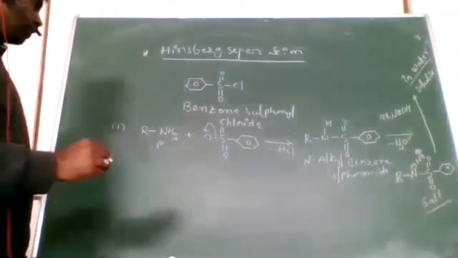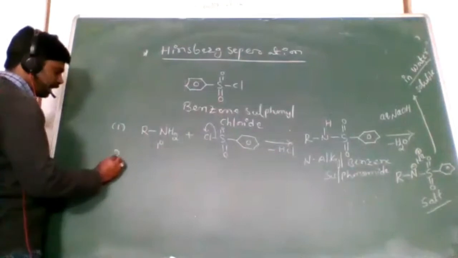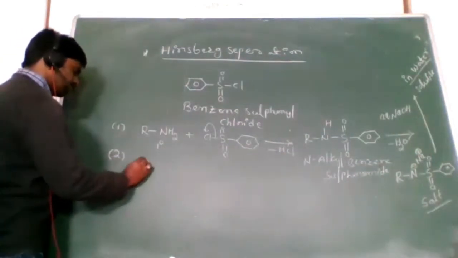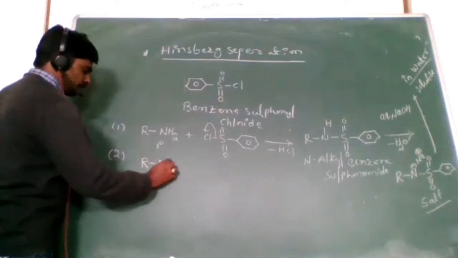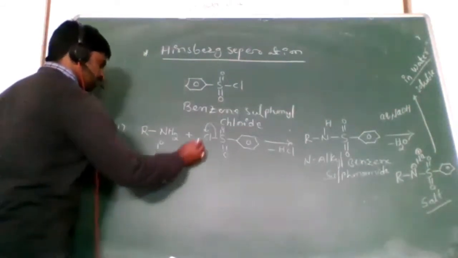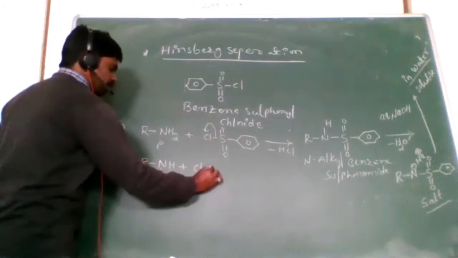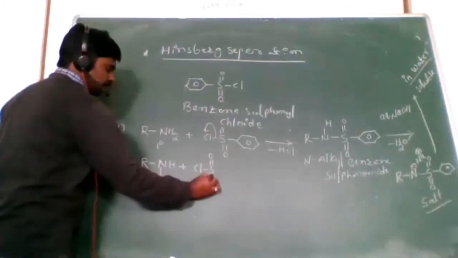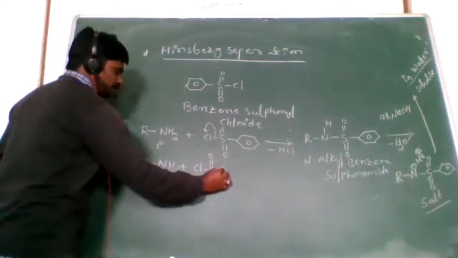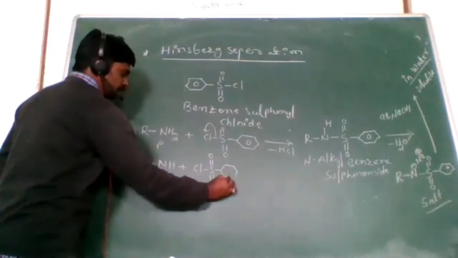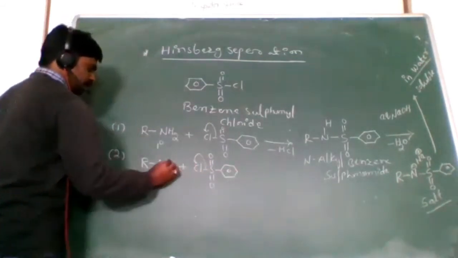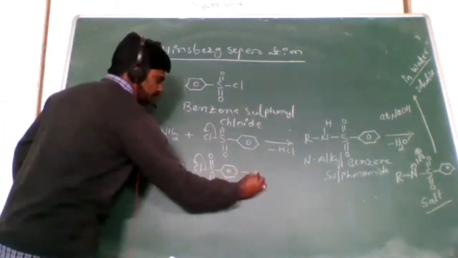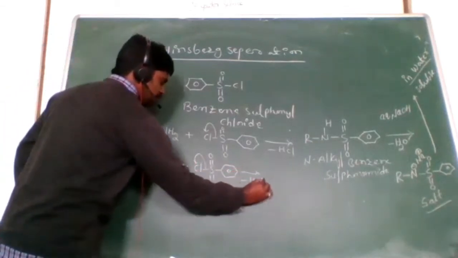Now when we go for the secondary amine, right? I take R, N, R, with an H here. I take the same benzene sulfonyl chloride. Here from the chlorine and here from the hydrogen, minus HCl.